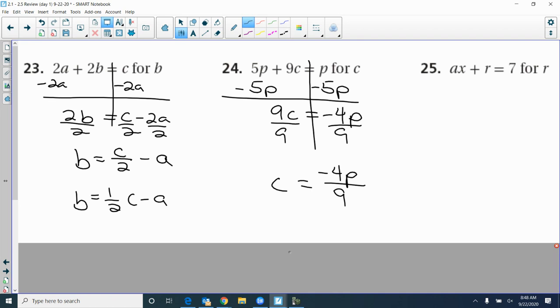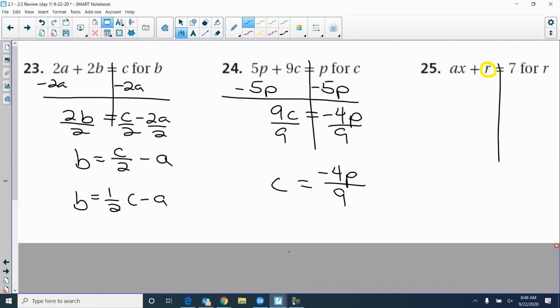All right, Faith, look at 25. What are we solving for? What's it say? R. So right here's my R. What do I have to move to get this by itself?